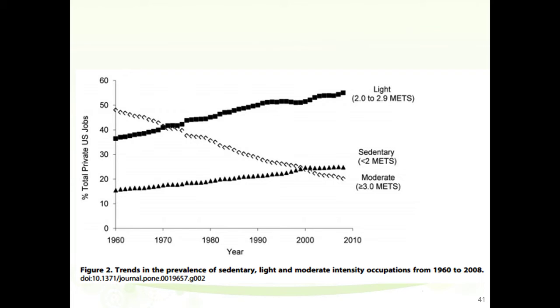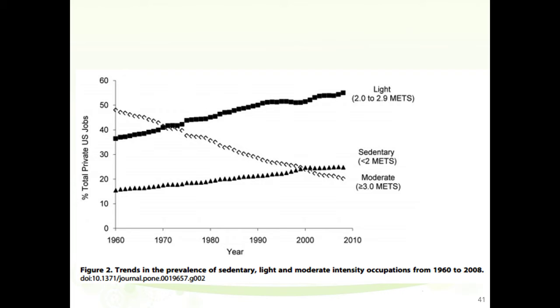And that would be because of the growth of service economy jobs and less intense, less dangerous manufacturing jobs, that sort of thing. And you can see that sedentary also went up, so more jobs like mine where you just sit all day. And the biggest shift was in moderate intensity occupations. They decreased. It used to be in the US that about half of all private jobs had moderate physical activity, and now it's halved.